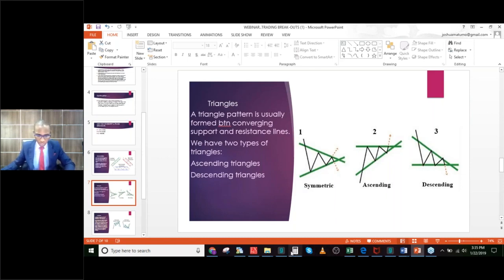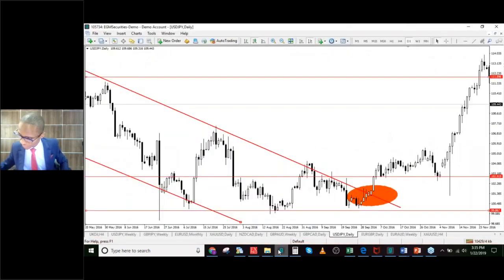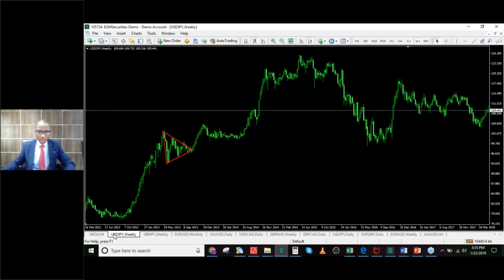Moving on to the charts, an example of a triangle we're going to cover is on the US dollar, Japanese yen. We moved back, as we were trying to spot a very nice triangle.